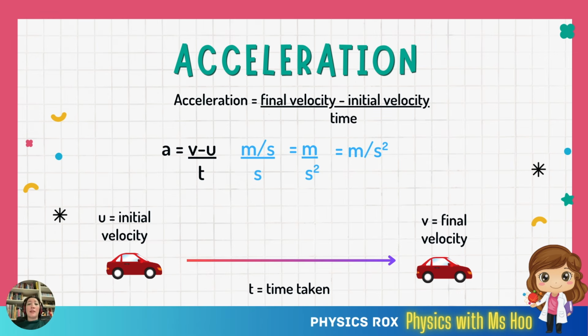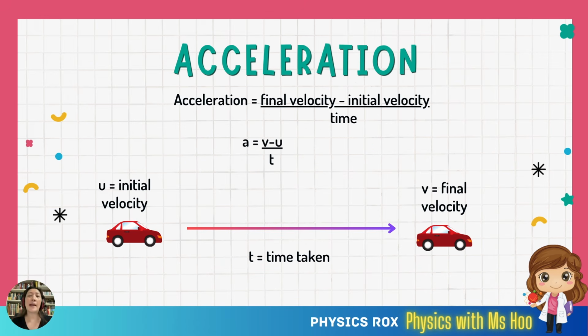On the top part of the equation, final velocity minus initial velocity, both are meters per second. The unit for time is second. So based on the equation, meters per second divided by seconds, what you will end up getting is meters per second squared. That's why the unit for acceleration is meters per second squared.